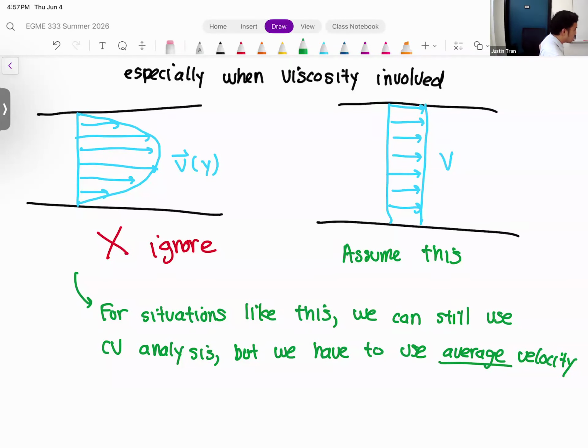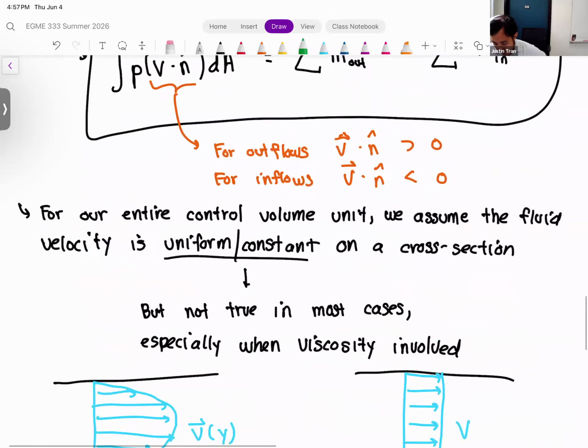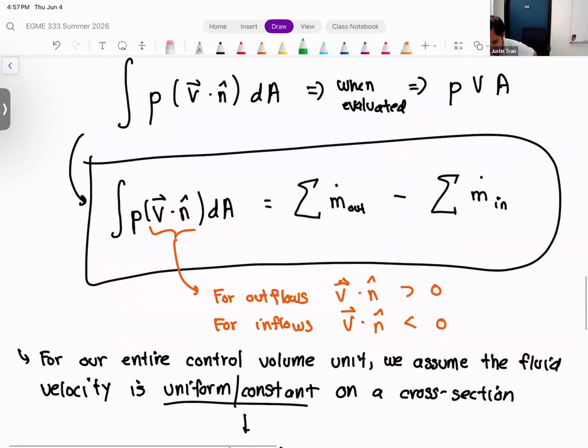Okay, so just kind of be aware of that, right? And so the whole upside to that is that when we evaluate this integral here, right? Normally, what makes this integral difficult to evaluate is the fact this velocity can change across that area, right? And so if your velocity has any kind of dependence on space, then that integral becomes a lot more difficult to evaluate.